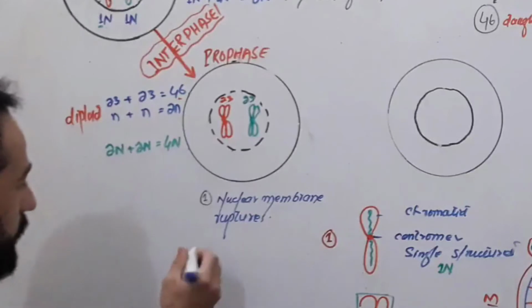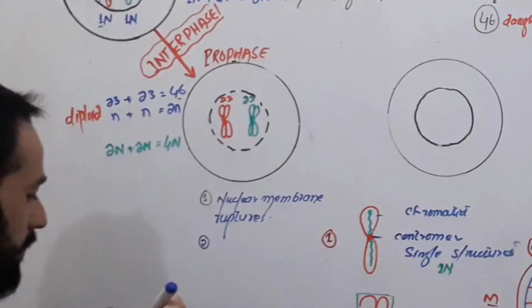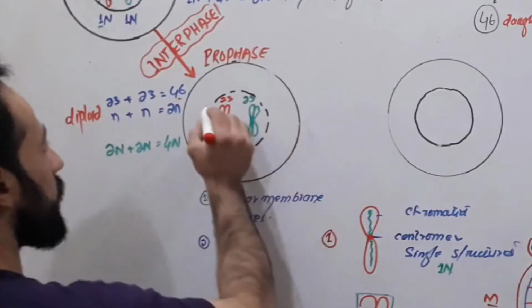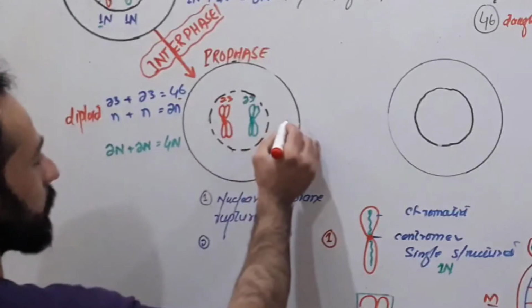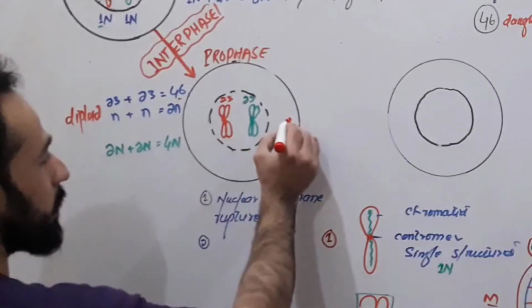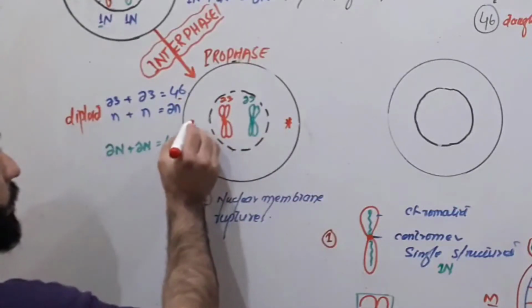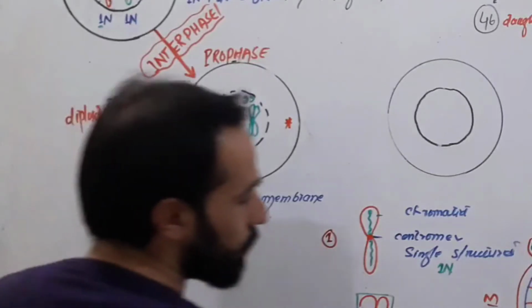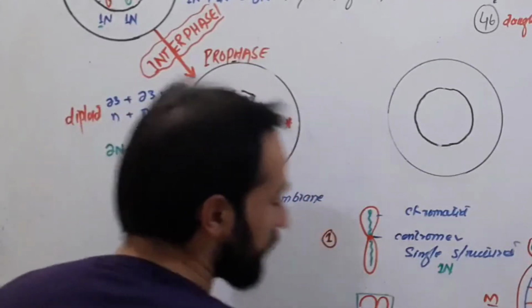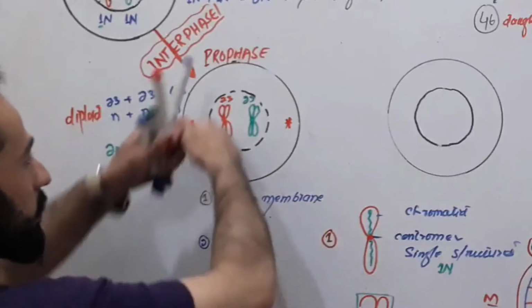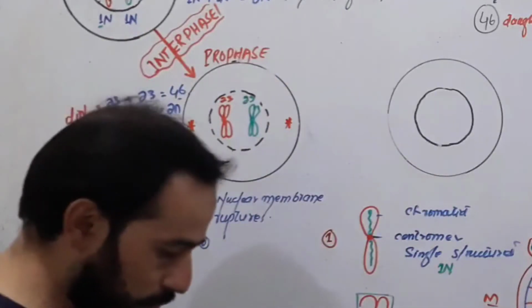Then what happens? The centriole that we have, how many centrioles? We have two centrioles. So here is a centriole and here is a centriole, and I have told you while I was discussing the interphase that the centriole division occurs and they start moving towards the opposite poles of the cell.